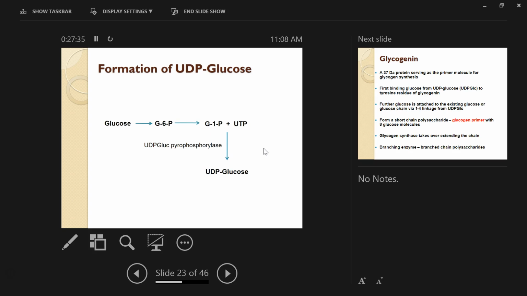And this is the formation of the UDP glucose. First of all, glucose needs to be phosphorylated to glucose 6-phosphate, and then converted to glucose 1-phosphate, and then glucose 1-phosphate can transfer glucose to UDP, forming UDP glucose. And this enzyme, UDP glucose pyrophosphorylase, catalyzes this formation of UDP glucose, right?